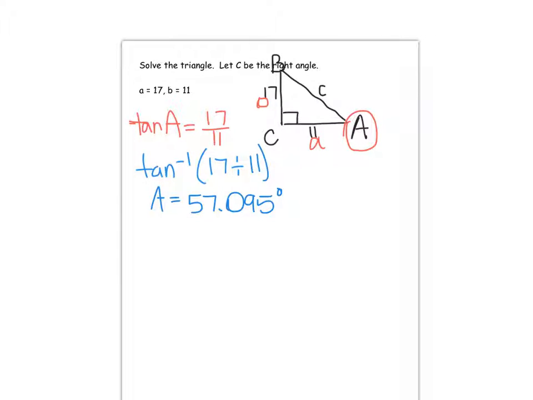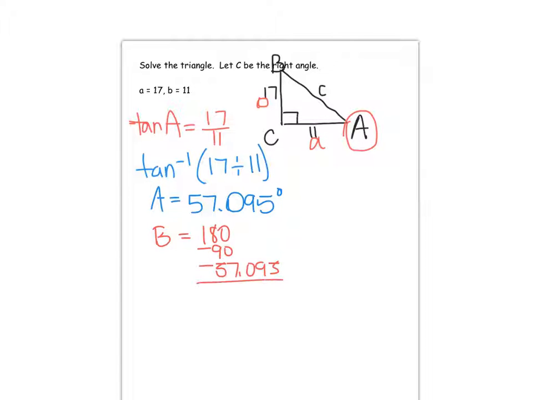Okay, you can always get the third angle by subtracting. So to get angle B, that's going to be 180, subtract the right angle, which is 90, subtract angle A, which we just calculated.